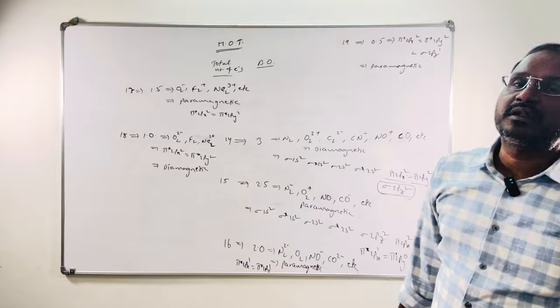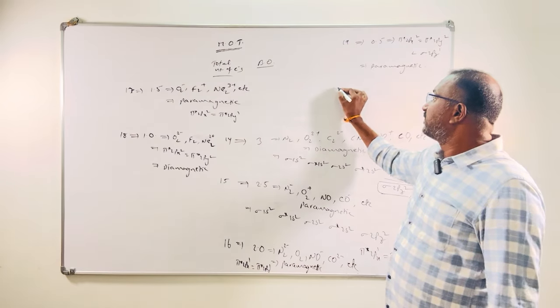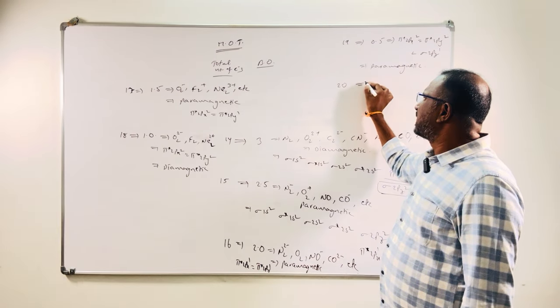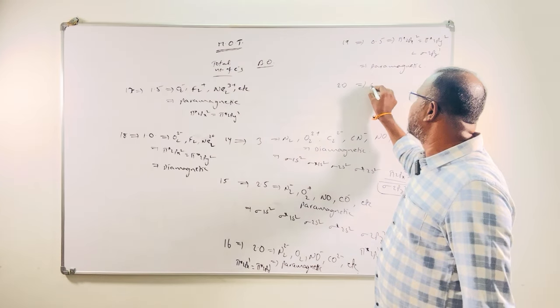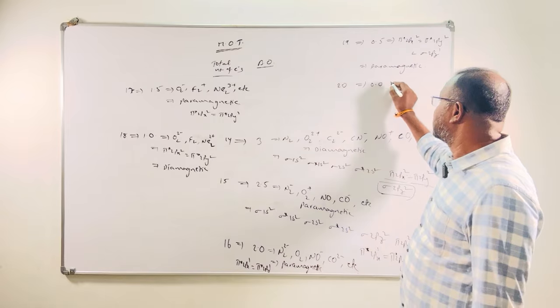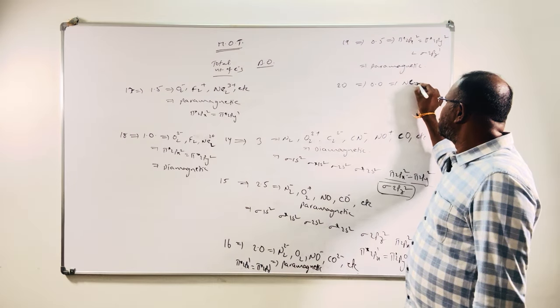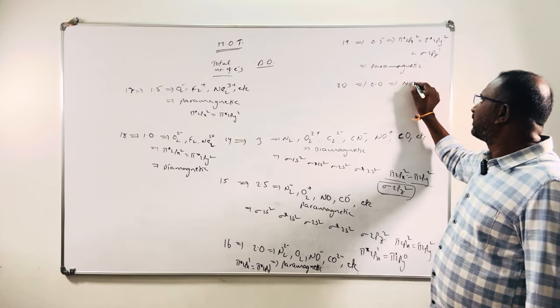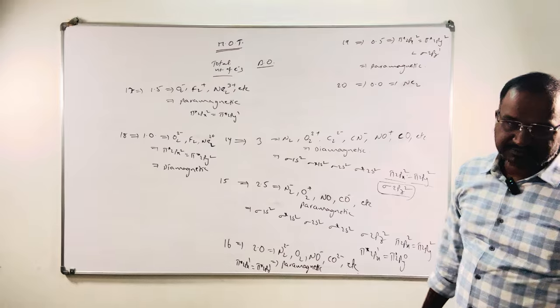Like that, bond order will be identified from the electrons. If 20 electrons are there, you can take any example, just count the electrons. The bond order will be 0.0, no bonds between atoms. The best example is Ne2. Neon is a noble gas, so it never forms bonds between neon atoms.